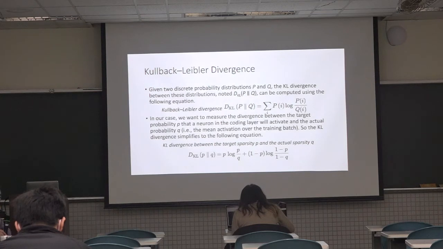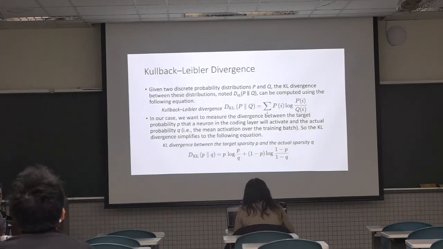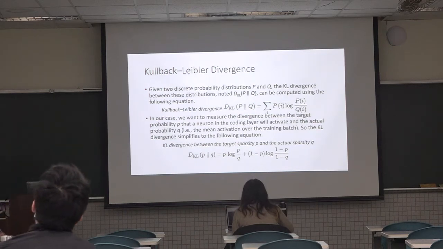Let me put it this way. Sometimes you want to measure how similar two distributions are. There's one distribution that goes like this, and another distribution that goes like that. It doesn't matter how they look.